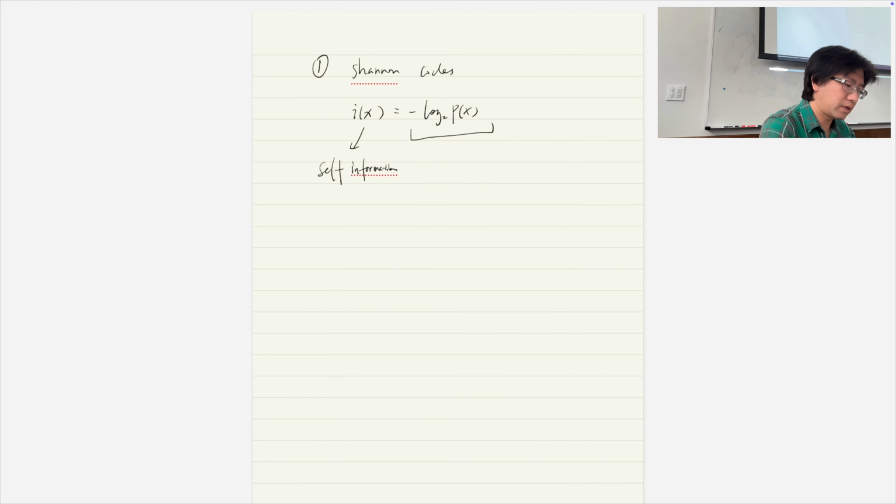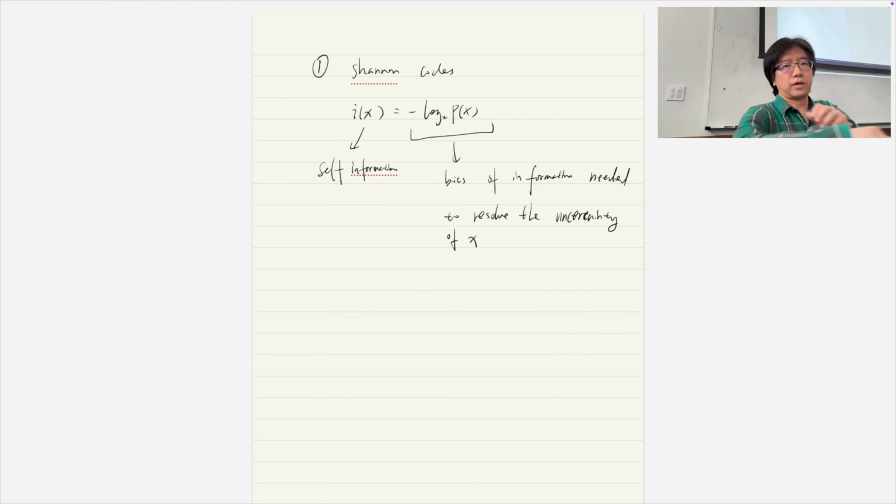Remember, the meaning of this is nothing but the number of bits of information needed to resolve the uncertainty of x.